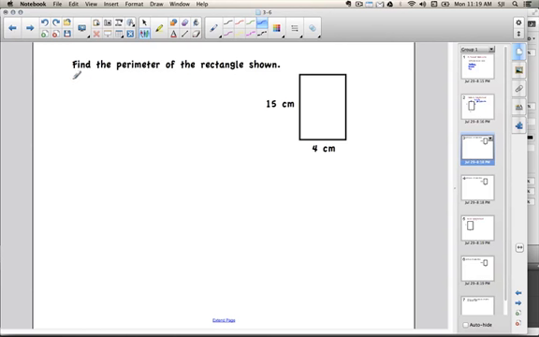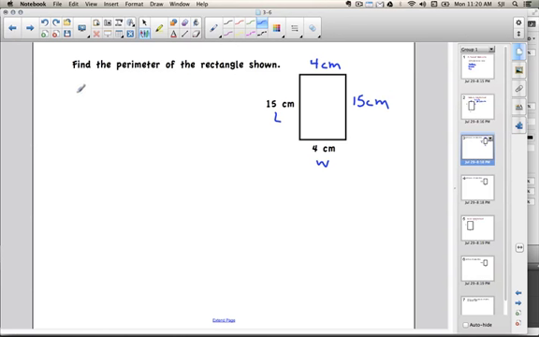So here's the first example we're going to do. We need to find the perimeter of the rectangle shown. We know that the width right here is 4 centimeters, so we know the side directly across from it is also 4 centimeters. We know the length right here is 15 centimeters, and directly across from it is 15 centimeters.